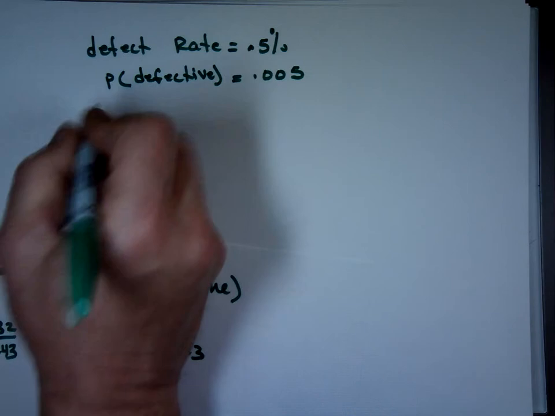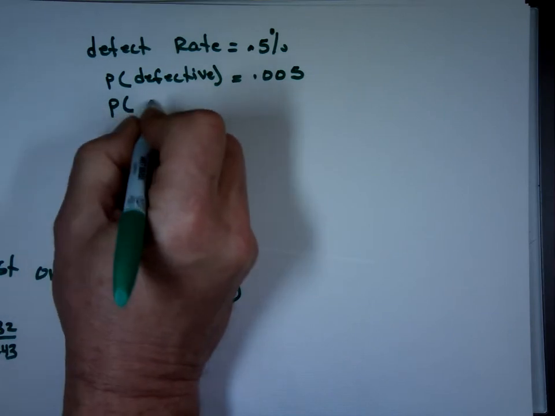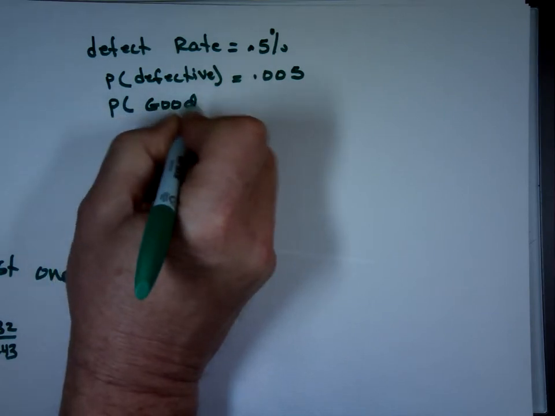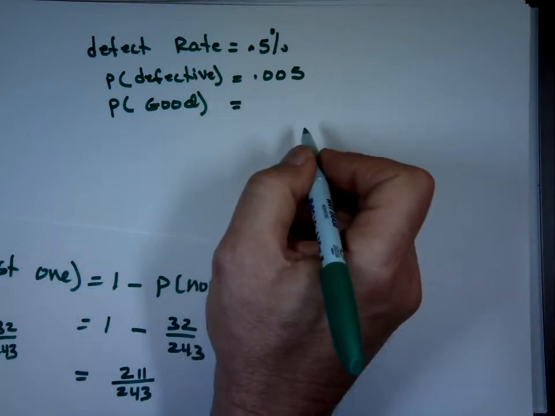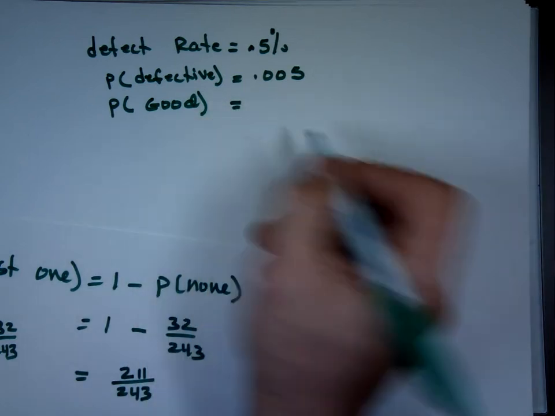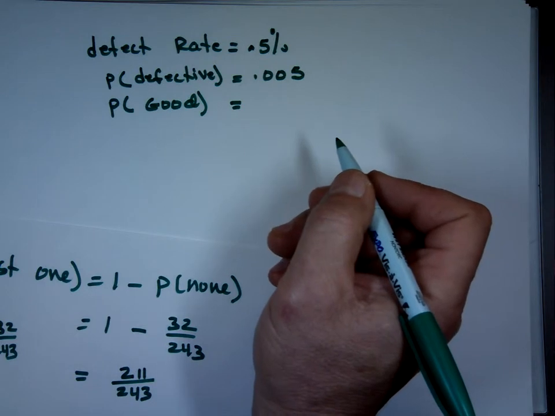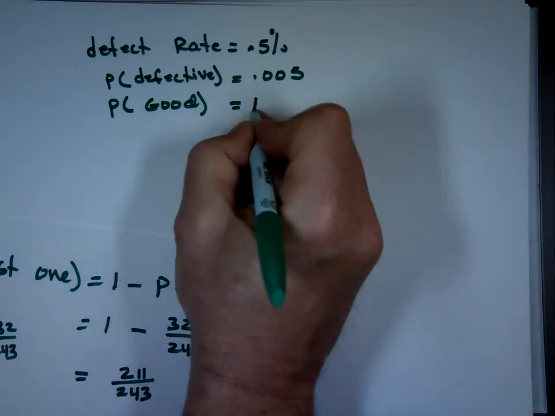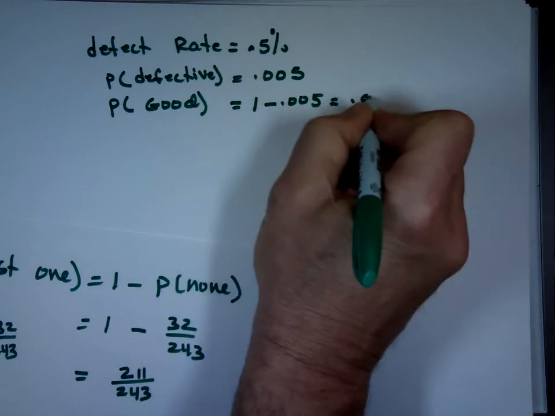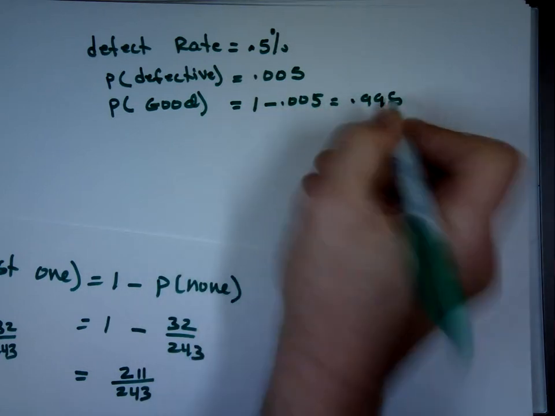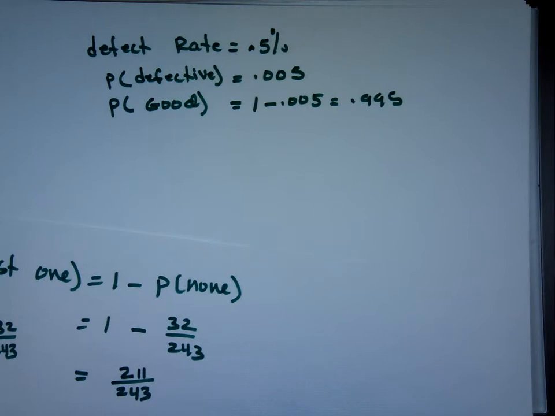That means the probability that a CD is not defective, which means it's good, is 1 minus 0.005, which is 0.995. You have a 99.5% chance that the CD you got from us is a good CD.